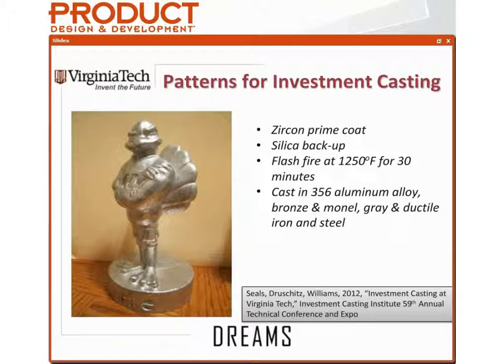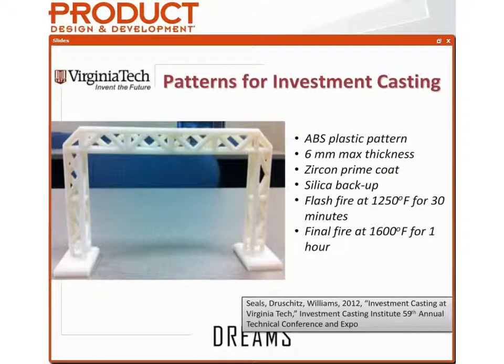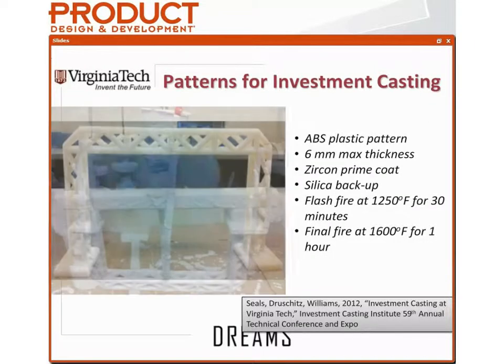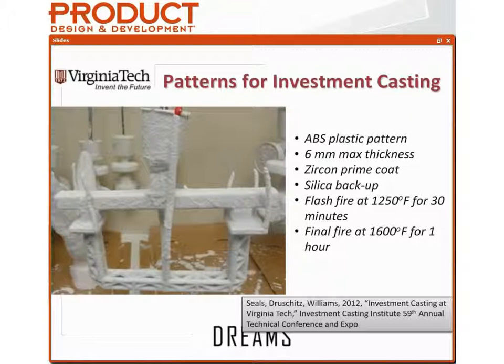But in cases where we don't want to make lots and lots of copies, we look to a different way of making a pattern. Here we're going to the FDM process to make a pattern, and we don't go to wax. We actually work straight from the product that came out of the printer. So this is an ABS plastic pattern. This is a truss structure, again a sort of cellular material, something that can't be made by any other means. We take that ABS pattern and directly coat it in ceramic.